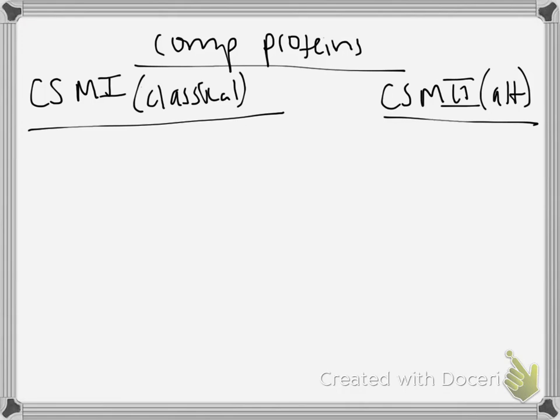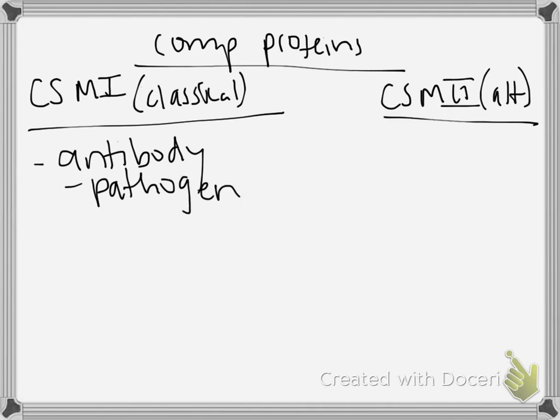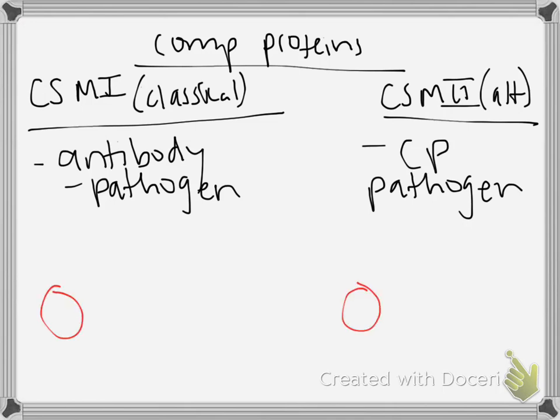The classical system is going to, this complement protein is going to bind to an antibody, which is going to be bound to a pathogen. So it's going to bind to an antibody-pathogen complex, while here in the alternative mechanism, the complement protein is going to bind directly to the pathogen. So let's draw two pathogens. Here's a pathogen, here's a pathogen.